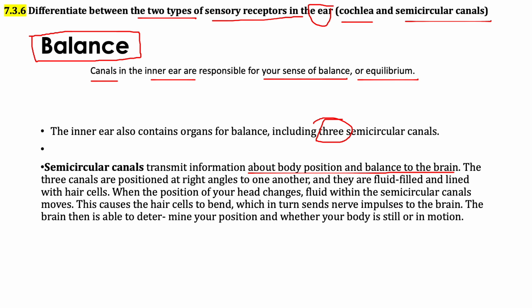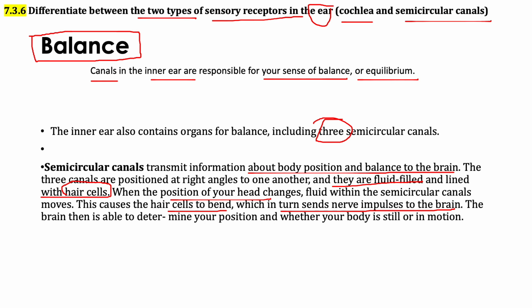The most important thing about the semicircular canals is that they are fluid filled and they have tiny hair cells. When the position of your head changes, the fluid within the semicircular canals also moves, and it causes the hair cells in the ear to bend, which in turn sends nerve impulses to the brain.